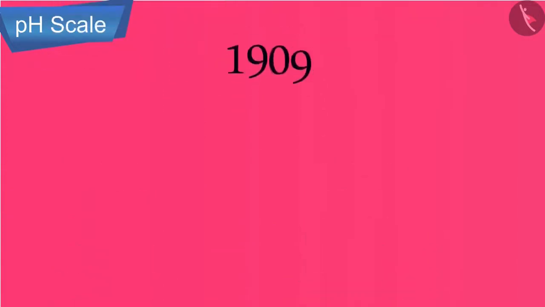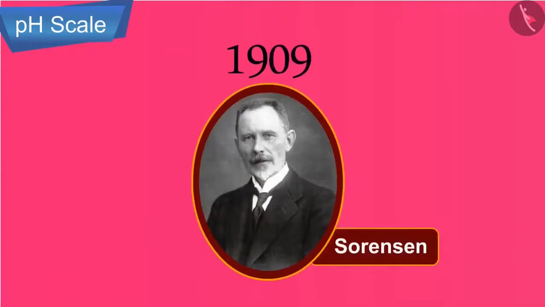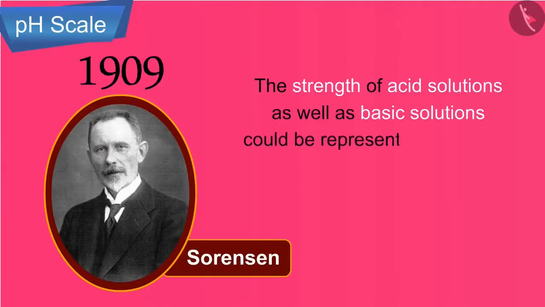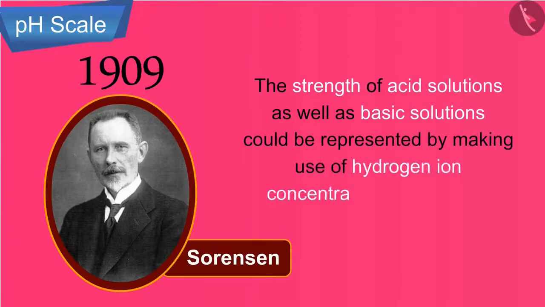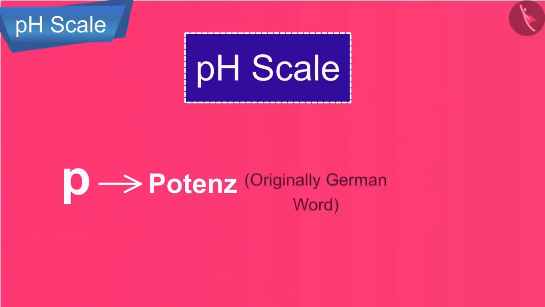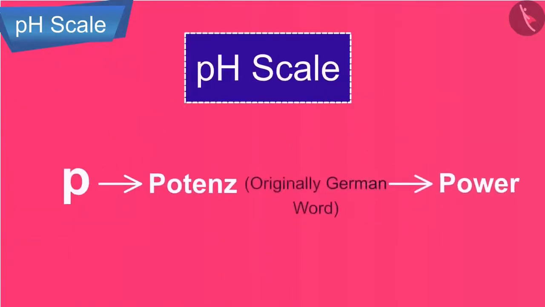In 1909, Sorensen devised a scale on which the strength of acid solutions as well as basic solutions could be represented by making use of hydrogen ion concentration. This scale is known as the pH scale, that is, potens, originally a German word for power, or in simple words, we can say power of hydrogen ions.